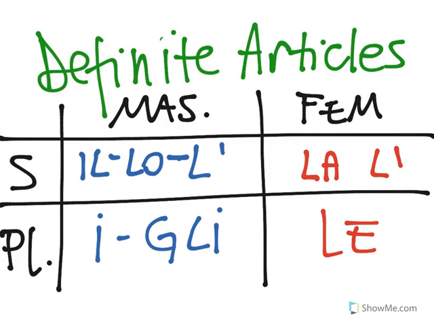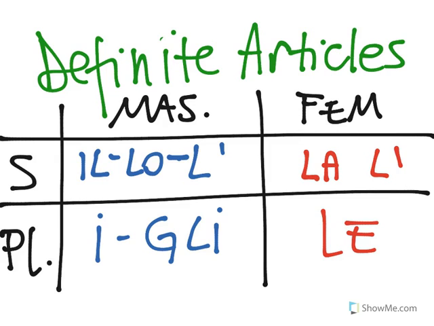So depending on the noun that they are preceding, you will have to make adjustments to your articles. If you're using an article in front of a masculine singular noun, we will have to use these three articles: il, lo, or l'.